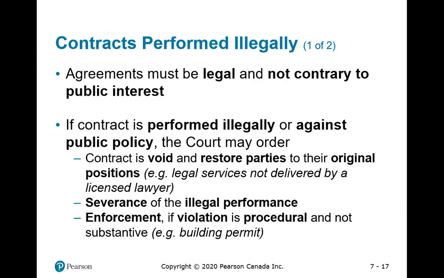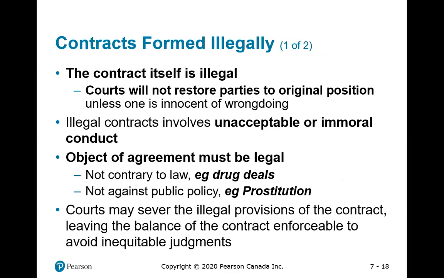So the party who had a loss will recover the loss. Are we good? With regards to illegality as an ingredient for a valid contract, we have two types of illegality: performance as illegal, and formation as illegal. The situations differ, and consequences differ.